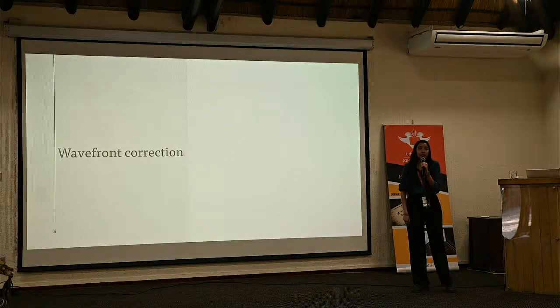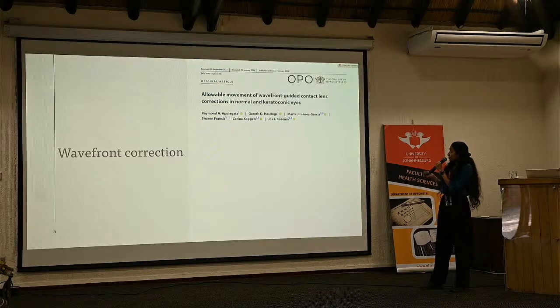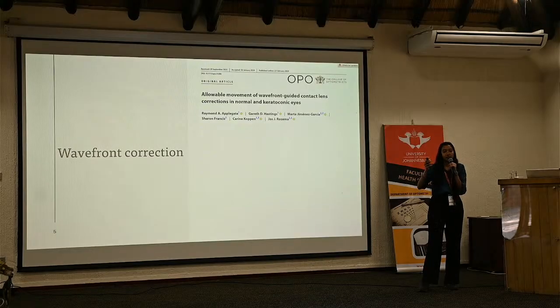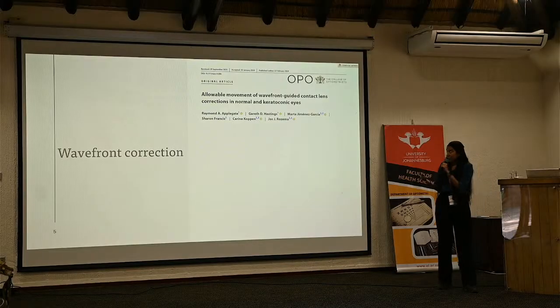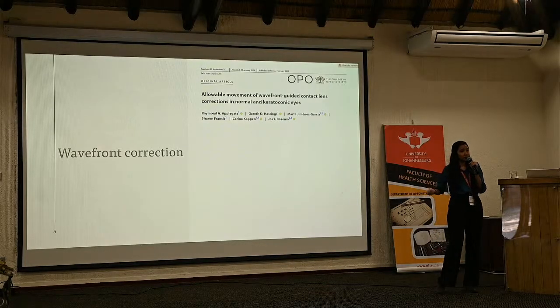So the wavefront optimization algorithm we used in the study is from this paper, where the whole eye is on a ray tracing platform. It's ray traced with the best toric RGP contact lens correction, and the wavefront is calculated by Zernike polynomials.